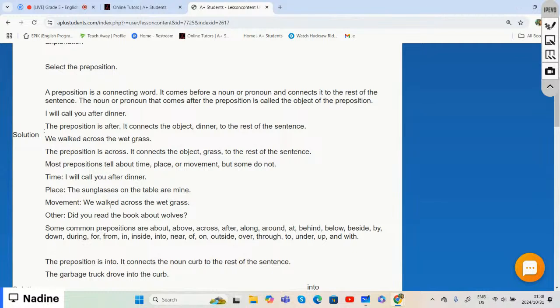We said it comes before the noun or noun phrase.